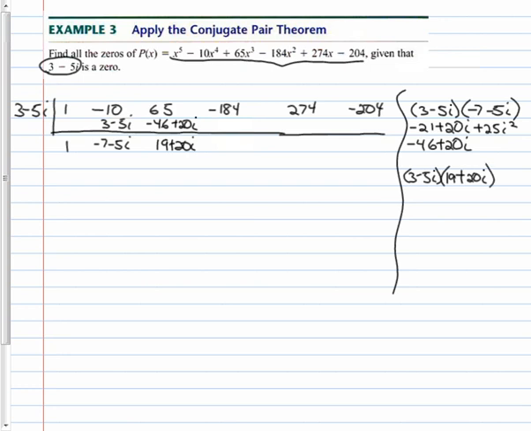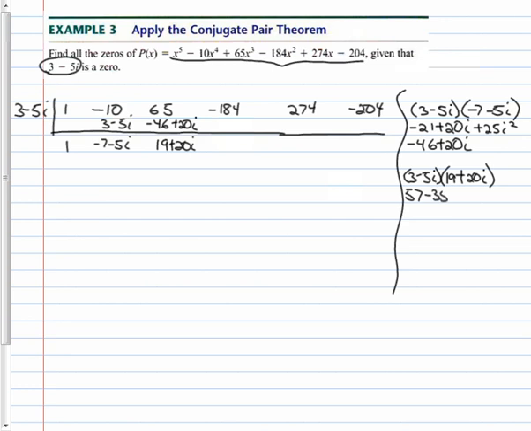So first terms, 3 times 19, so what is that? 57? All right. Outside would be 60i. Inside, is that negative 95i? 5 times 19? So 60 minus 95? Negative 35i.